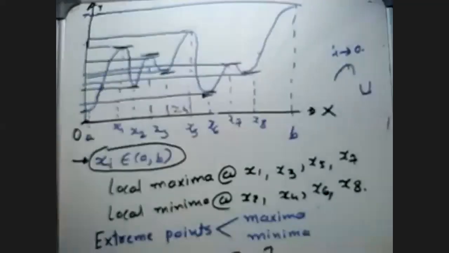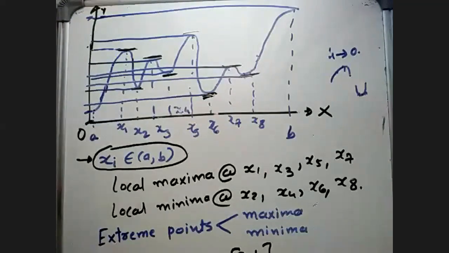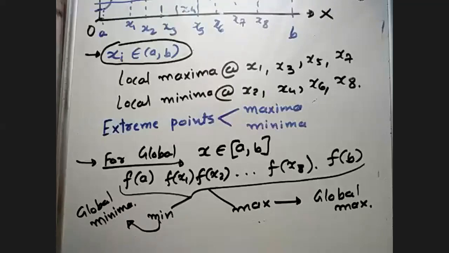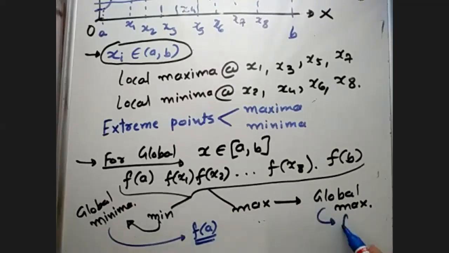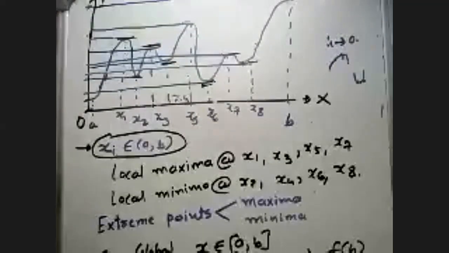So tell me, what is the lowest value amongst all these? Which is the minimum value in this graph? In this graph, the minimum value is f of a and the maximum value is f of b. So f of a is the global minima and f of b is the global maximum. I'll repeat this once again, but let me first clarify your doubts.